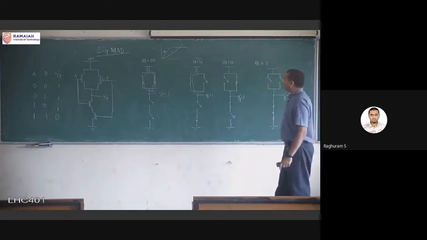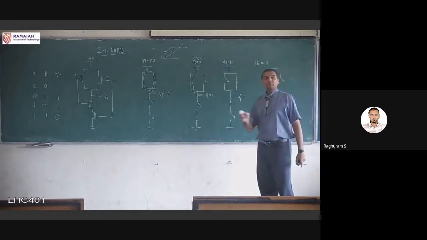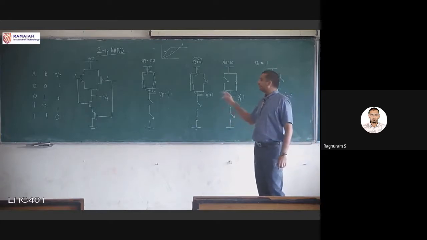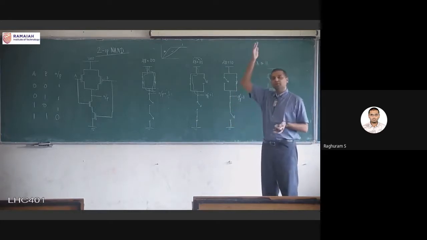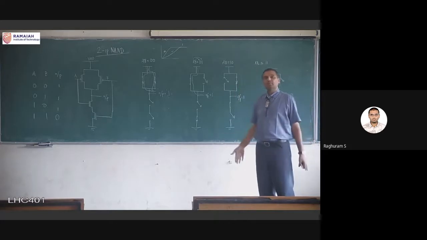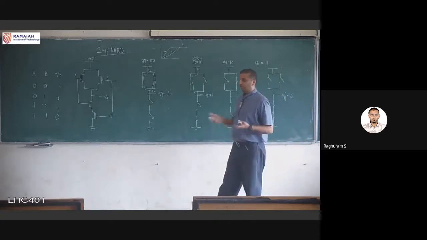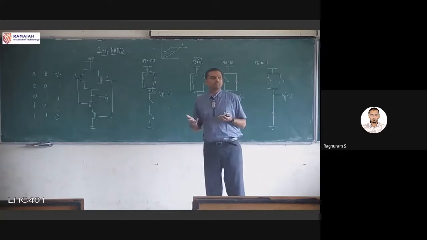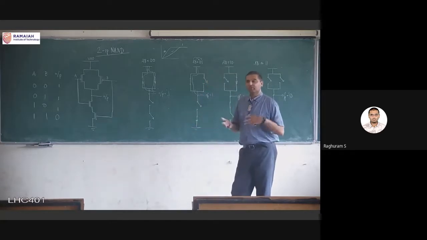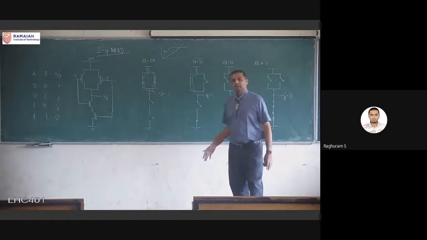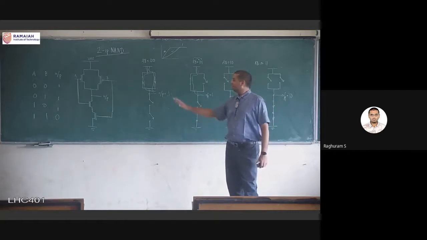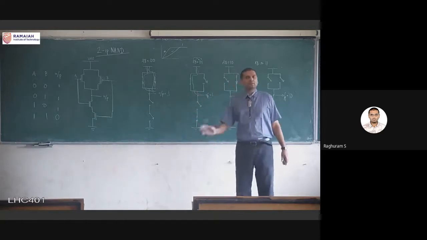Another thing to analyze is, for some input combination, if the output is not connected to VDD or to ground, that is also a problem, because that is what is called a high impedance. There is a separate class of circuits called tri-state gates. There will be a third state, where we are by design requiring a high impedance state, but for our normal gates we are not allowed to do that.